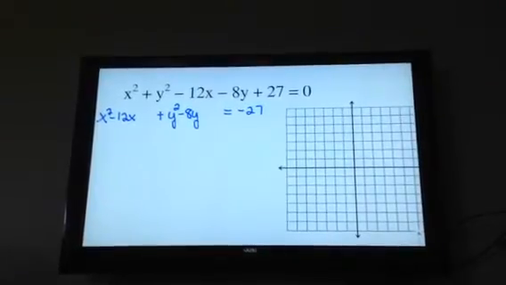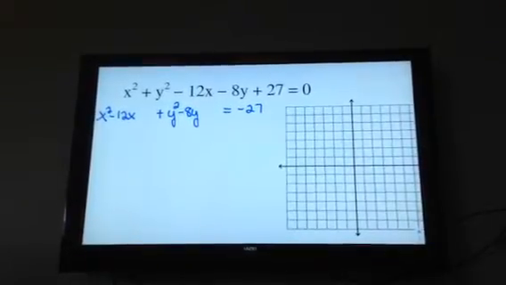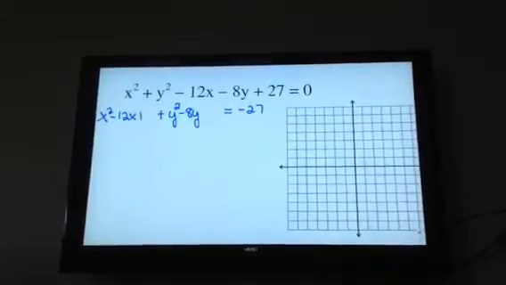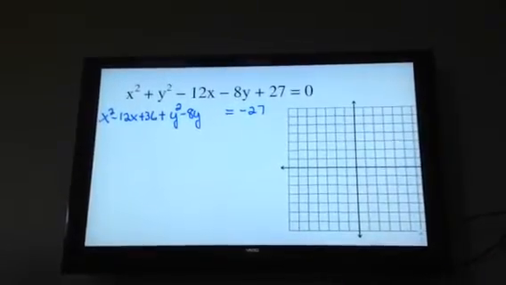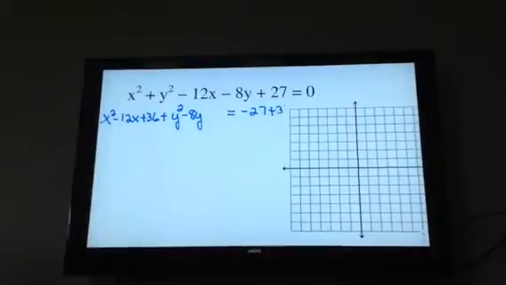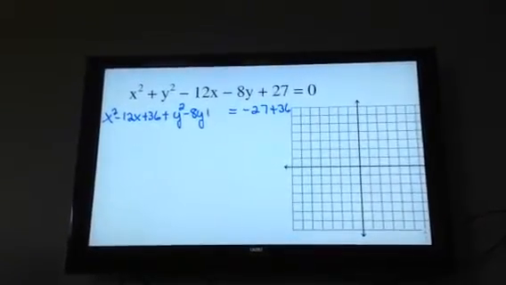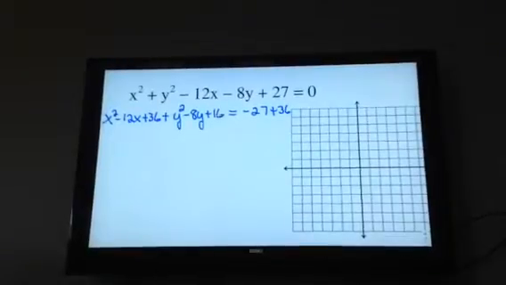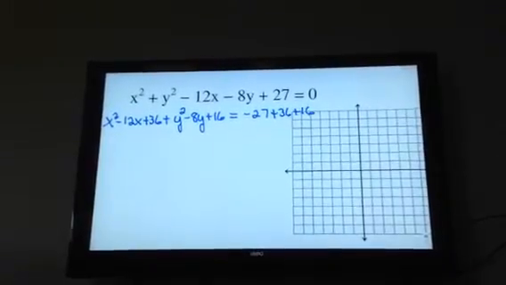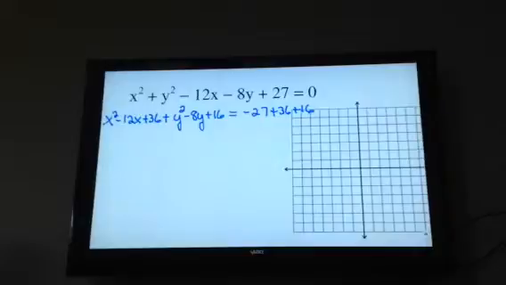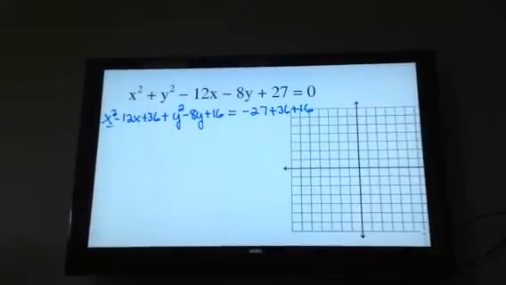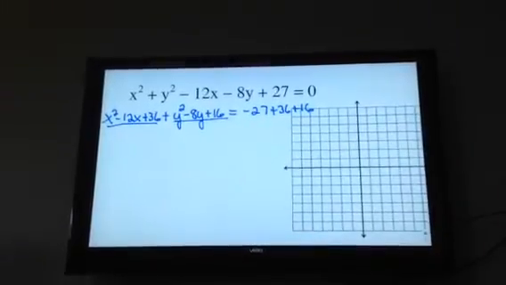Then we're going to take half of 12 is 6, squared is 36, add to both sides. Half of 8 is 4, squared is 16, add to both sides. Factor, factor, add.